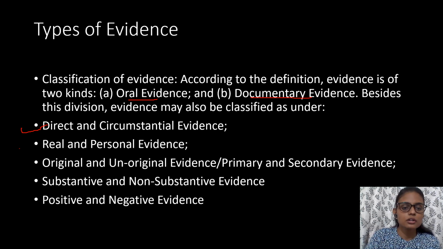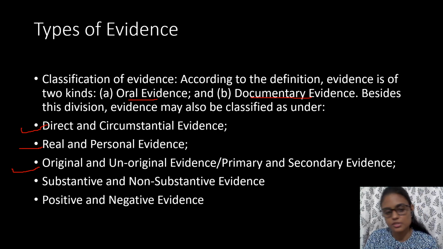The second is real and personal evidence. The third one is original and unoriginal, that is primary and secondary. We would be dealing with sections 64, 65. Original evidence, like if I have signed on a paper, the paper would be original. Unoriginal means a photocopy of it, that would be secondary evidence.